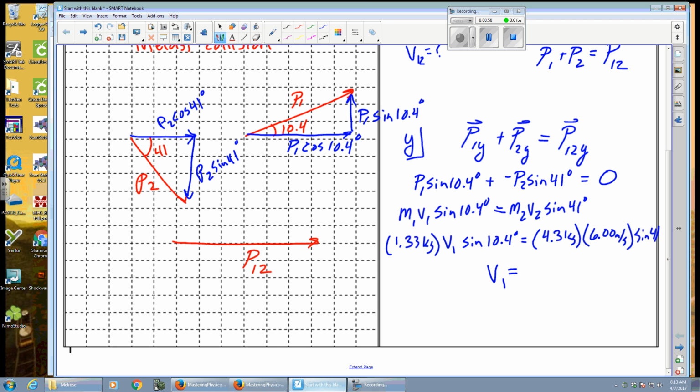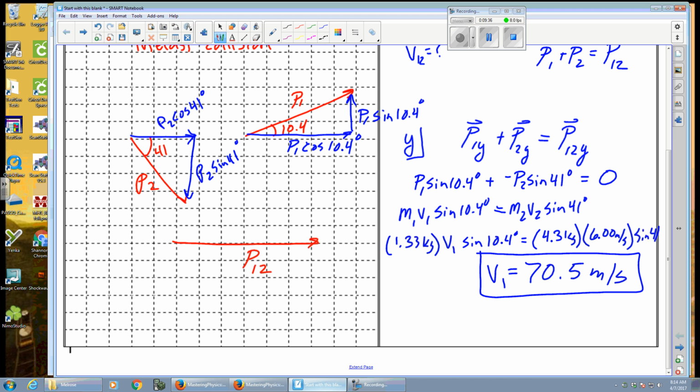I got, ew, that seems really high. I got a large number, 70.5 meters per second. That seems very high.